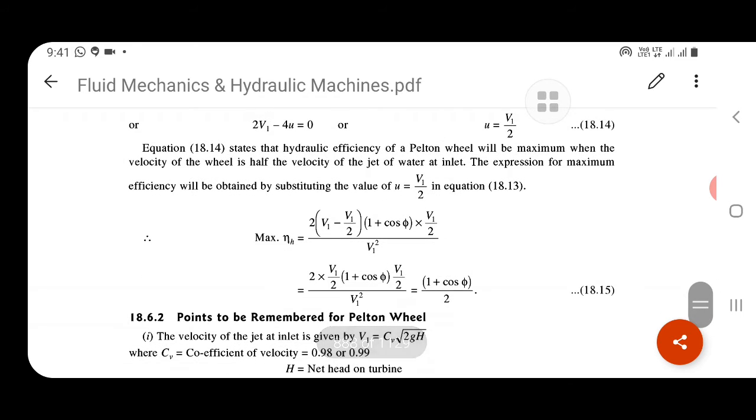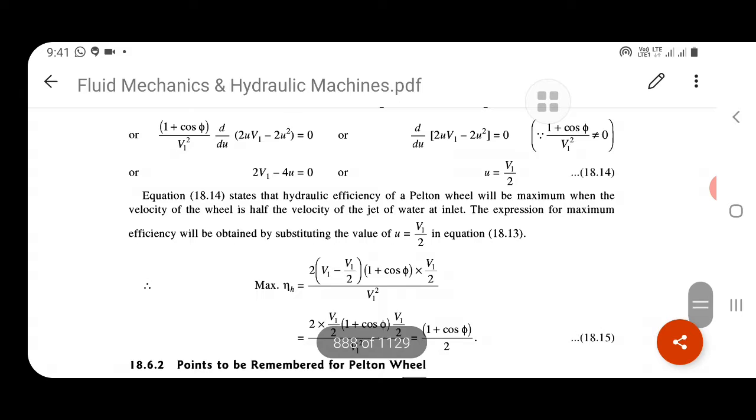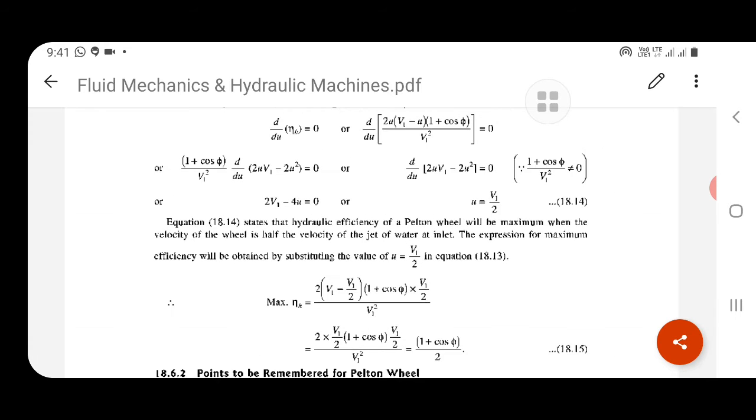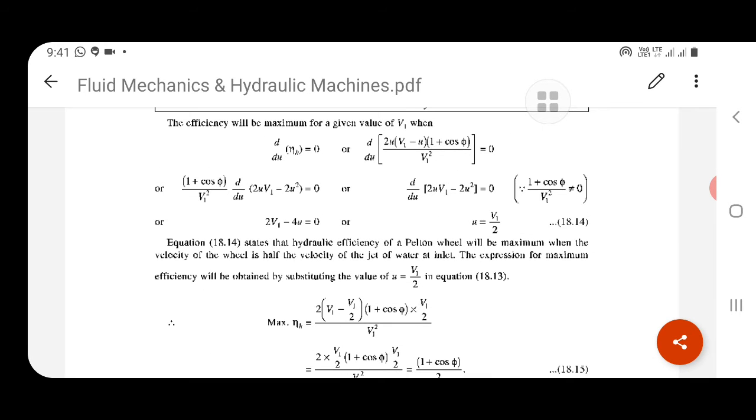So 2 into (V1 minus V1 by 2)(1 plus cos phi) V1 by 2 upon V1 square is equal to 1 plus cos phi upon 2. This is the value of maximum efficiency. Write down this derivation, which is very important in the exam.